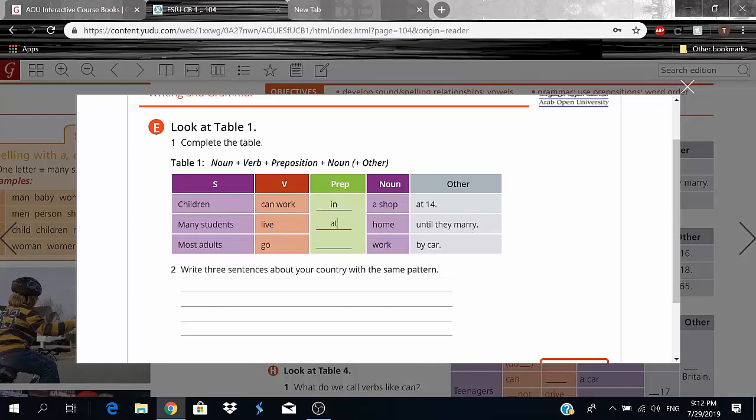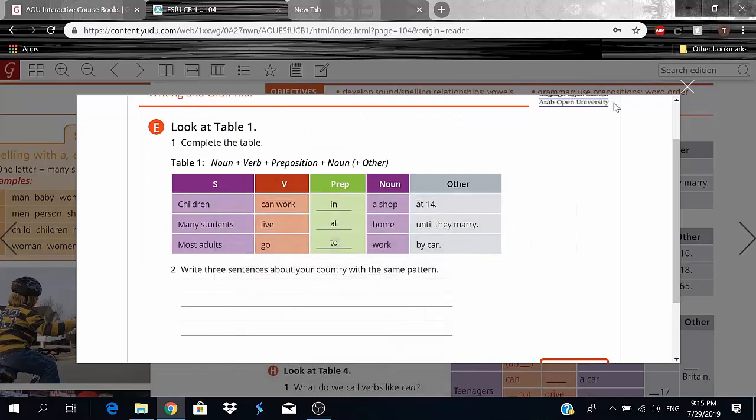Although I'm not too sure I agree with that one, but okay. So many students live at home until they marry, right? Most adults go dash work by car. So go from place to place, so to. So most adults go to work by car.